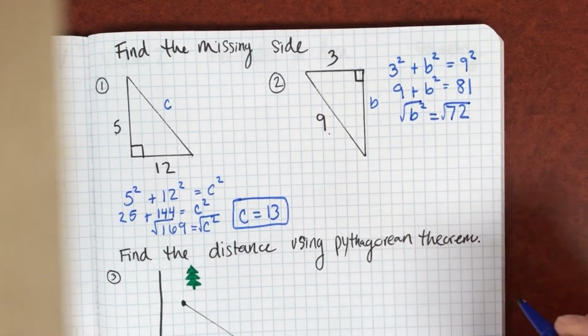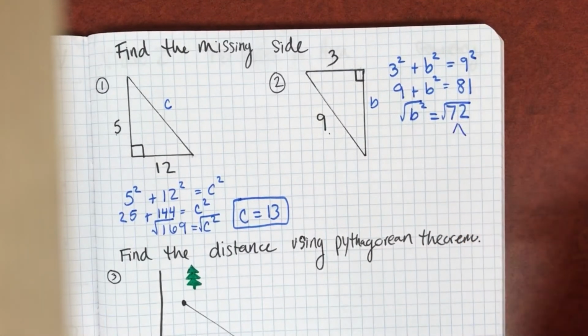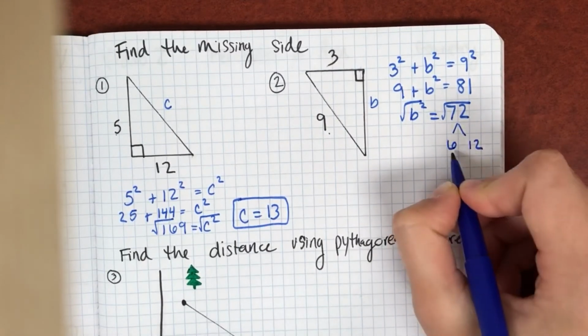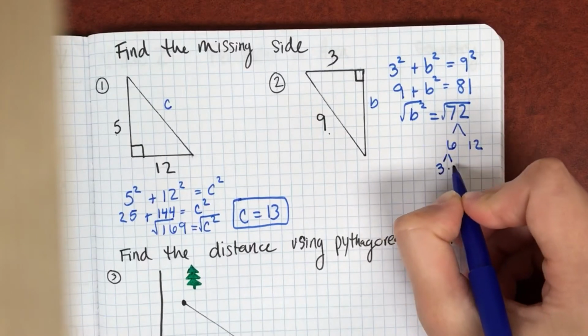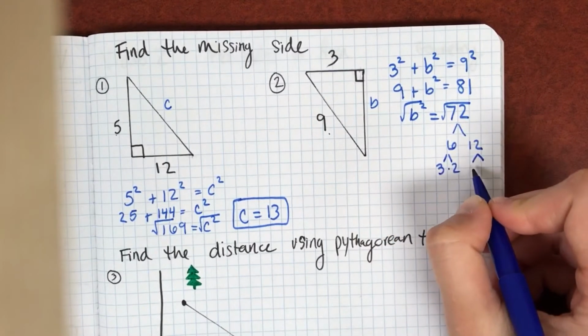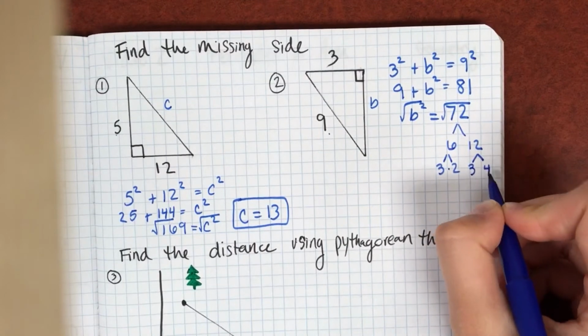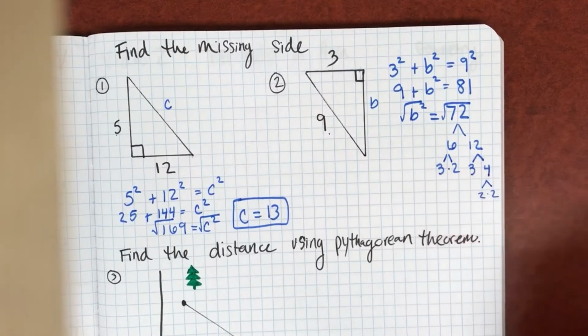Now, 72 is not a perfect square, so you're going to have to do your little factor tree. Two numbers that multiply to get to 72 are 6 and 12. Two numbers to get 6 would be 3 and 2. Here we could have 3 and 4. And 4 breaks down even one more time to 2 and 2.